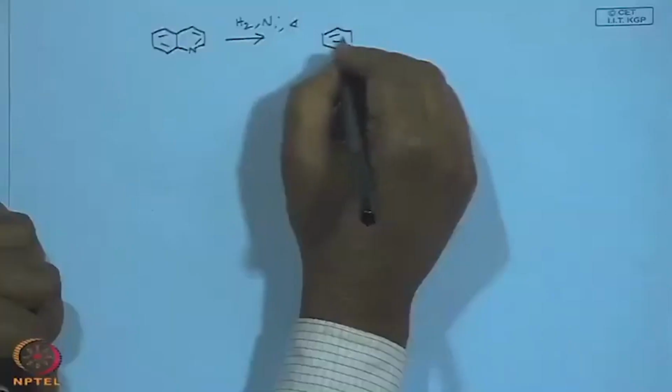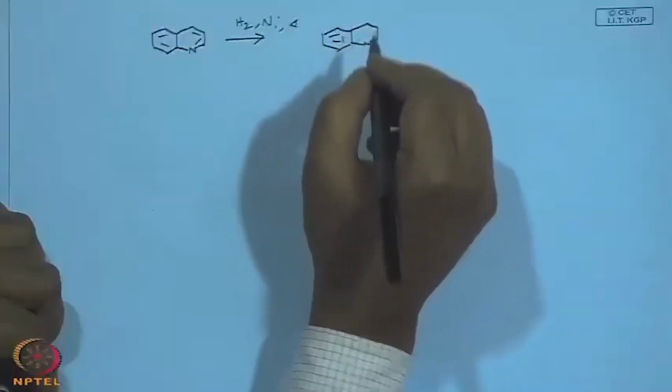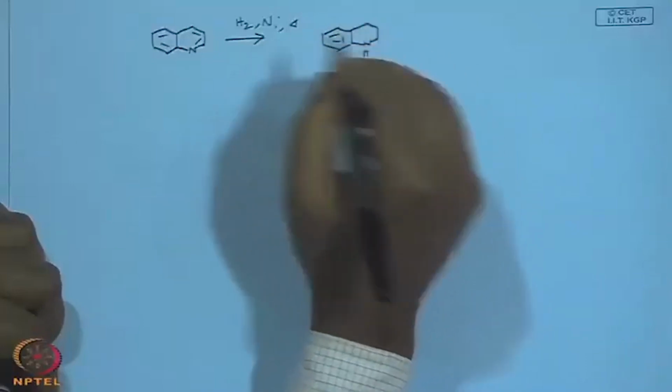Which one is susceptible to hydrogenation, between the benzene and the corresponding pyridine part? Because the loss of aromaticity is not more here. If you reduce the benzene ring, the aromaticity loss is more. Okay. So, that means the product here is 1,2,3,4-tetrahydroquinoline.